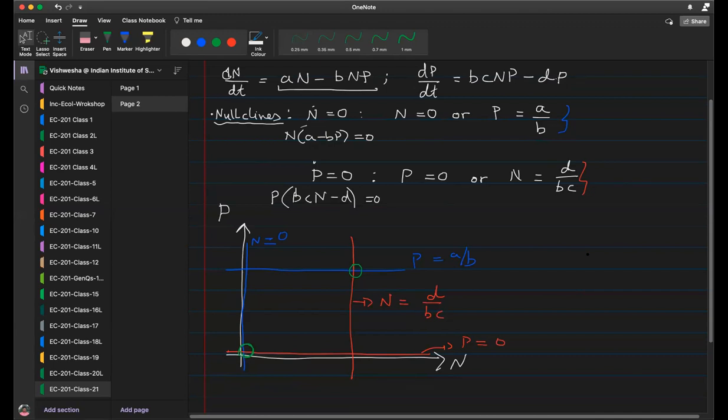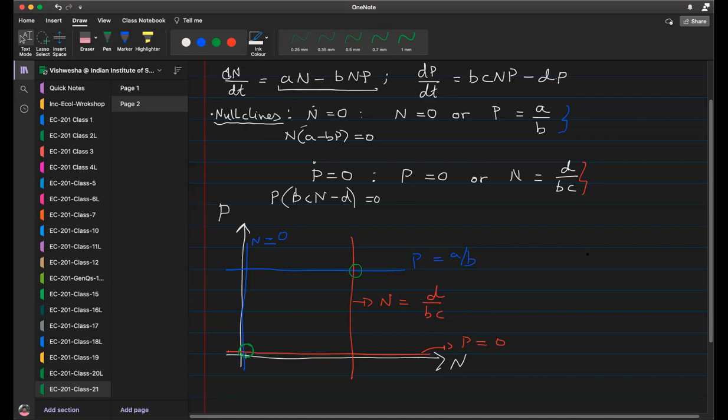The verbal argument I just gave you could potentially be wrong, because even though N is initially increasing, it's possible that predators will consume them and drive N to extinction, which may then drive P to extinction. That is actually a possible scenario, but the only way to know that is by analyzing the Jacobian of the equilibrium. It's not possible to know just by verbal arguments. We will do that.